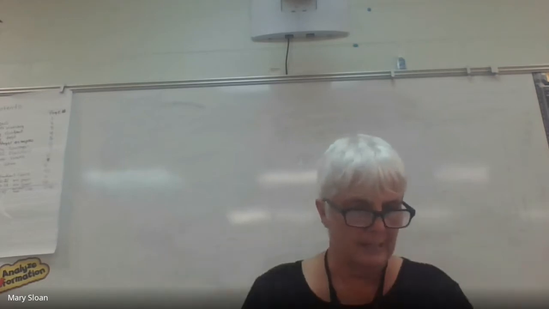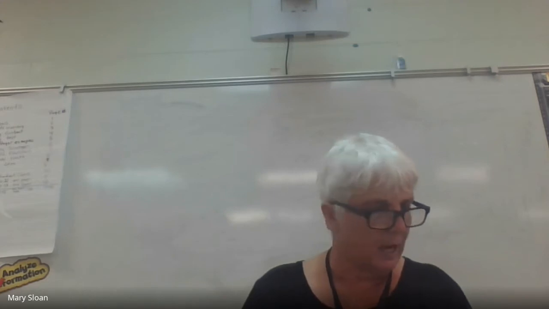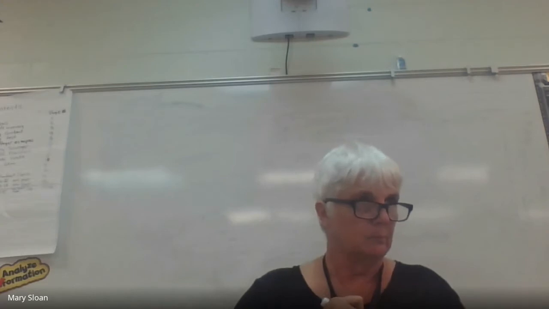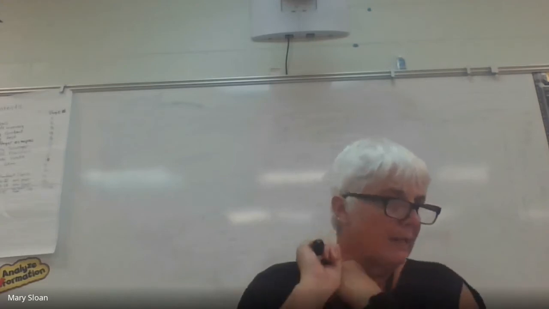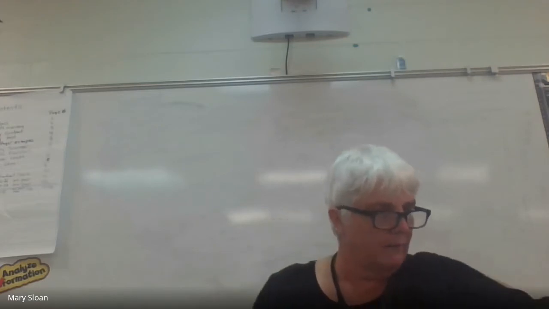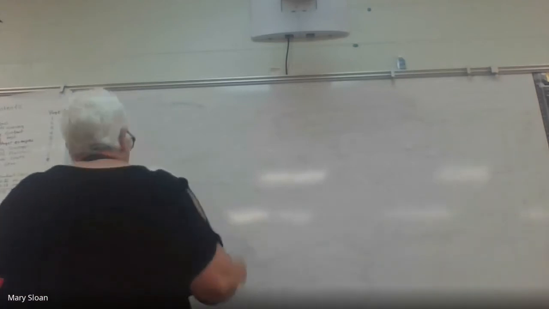So first thing it says here, it says, how does a motion diagram represent an object's motion? Yep. So write this down. Motion diagrams show the position of the objects moving at equal time.